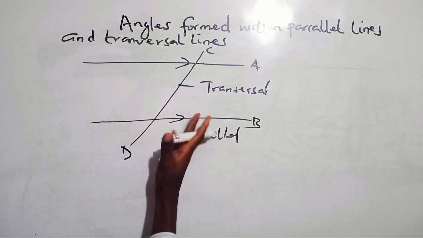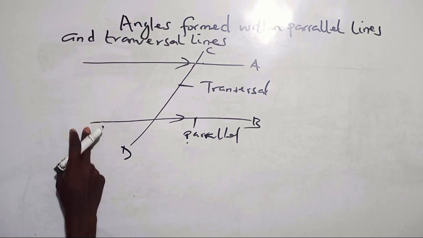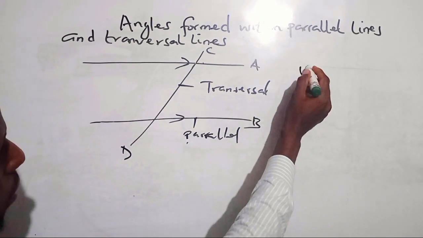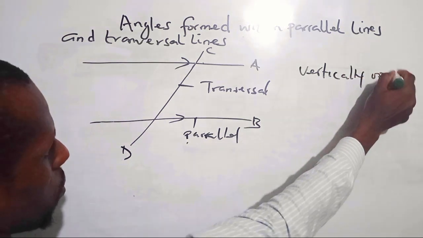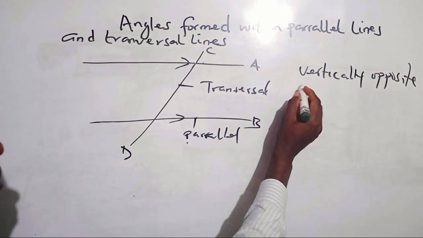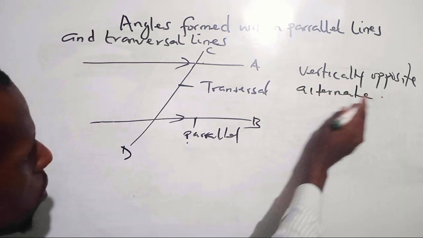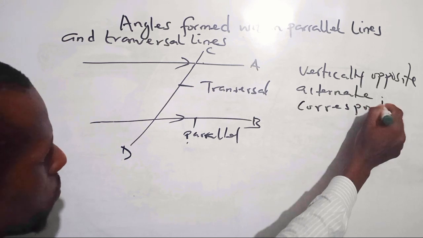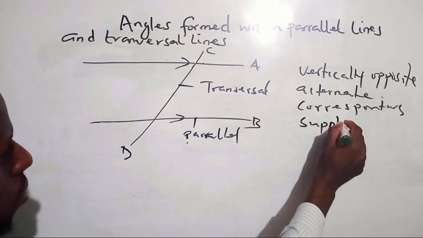Now, when a transversal line cuts across two parallel lines, what happens? We have vertically opposite angles, we have alternate angles, we have corresponding angles, and we have supplementary angles.